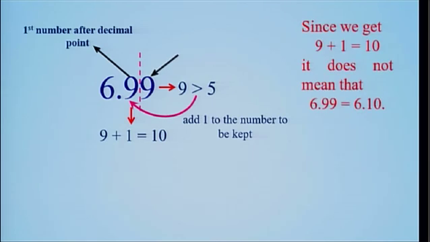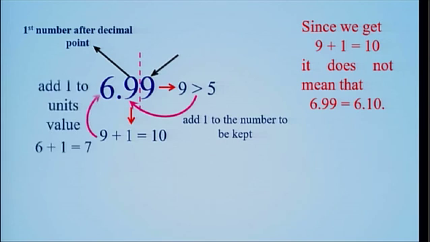But it does not mean that 6.99 is equal to 6.10. When we add 1 to 9, it becomes 10. That 1 goes to 6.